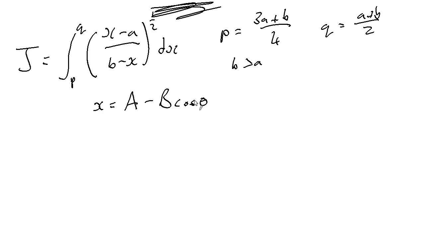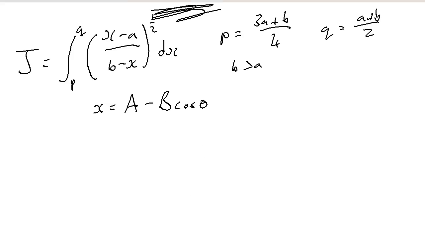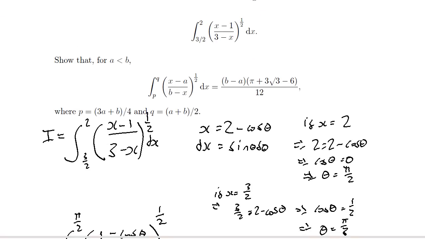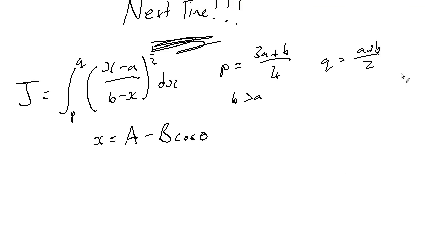But what I want to say is, the limits p and q are probably going to change, or at least we want them to change, to the same things 1 and 1.5 and 2 changed to last time. In other words, we'd quite like a and b to be chosen by us such that p transforms to pi over 3 and q transforms to pi over 2.